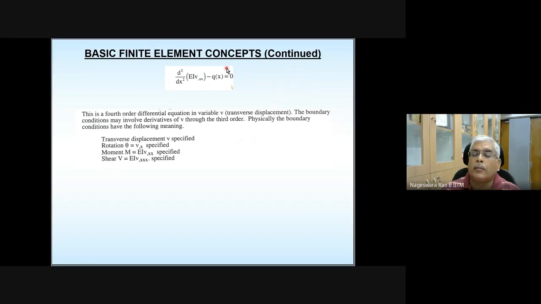In the variational approach, what is the procedure? The governing differential equation is multiplied with the variation of the quantity that we are trying to approximate, which is going to be your transverse displacement.